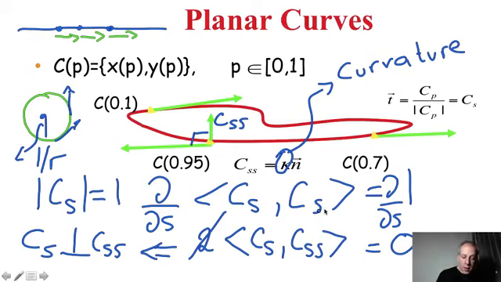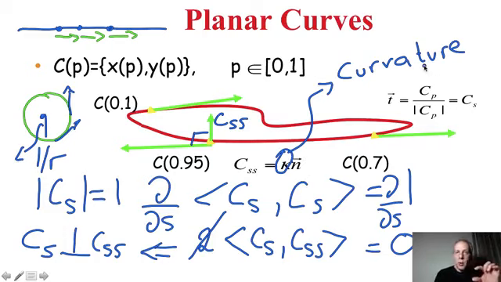Always unit length. We take a derivative of that concept and we get the second derivative, which is always perpendicular to the first one, only when we're taking derivatives according to S. And then that second derivative has a norm, basically the magnitude of that vector, and that's curvature.